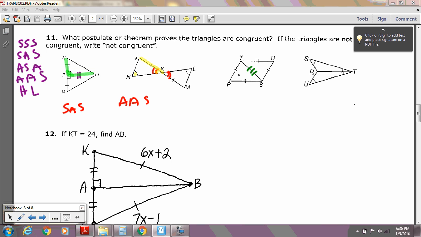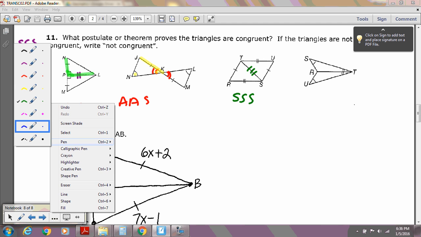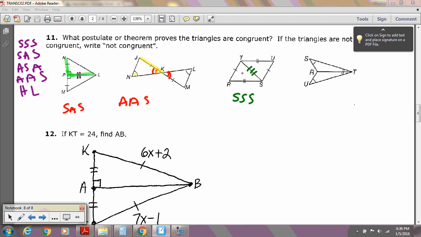And when I look at the bottom triangle, all 3 sides are labeled, so automatically that's side, side, side. And the final one, RT is shared by both, so let's mark it.